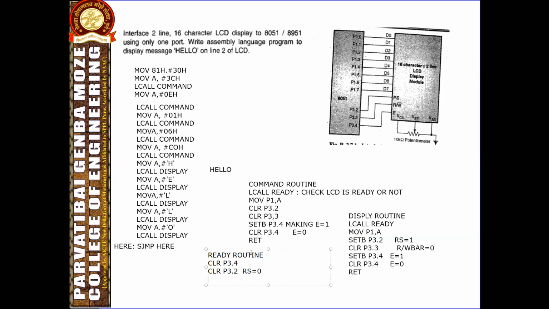Then move P1 comma hash 0FFH. This is nothing but configuring the data pins of the port as input. Configure port 1 pins as an input port by keeping all the pins high.